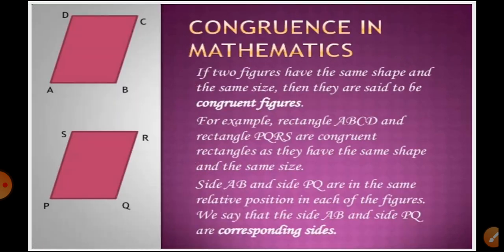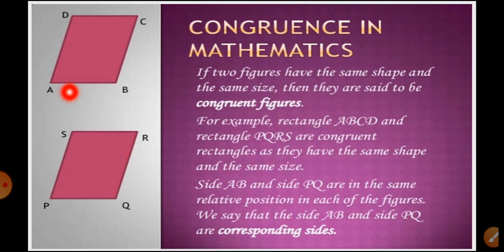Congruence in mathematics. In these two figures, if two figures have the same shape and the same size, then they are said to be congruent figures. For example, rectangle ABCD and rectangle PQRS are congruent rectangles as they have the same shape and the same size.